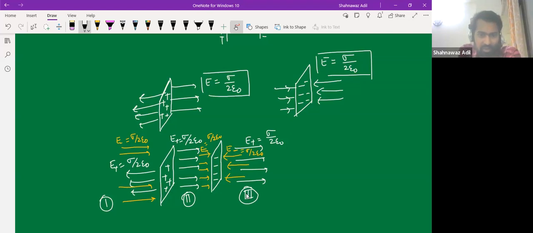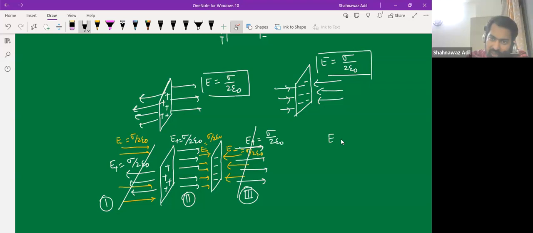Sir, in the middle region they're adding up, and in the other regions they're cancelling out. Yeah, in the middle region between the plates they are adding up. In the first and second region, one is going in this way and the other in the opposite direction, so if we add those two vectors, they will cancel out. So there is no electric field in those regions.